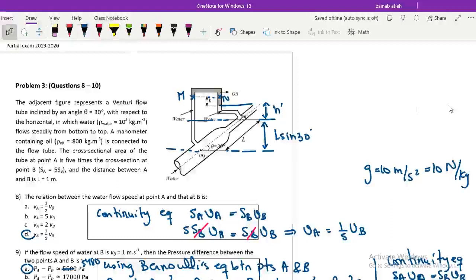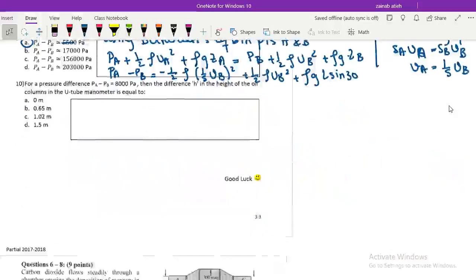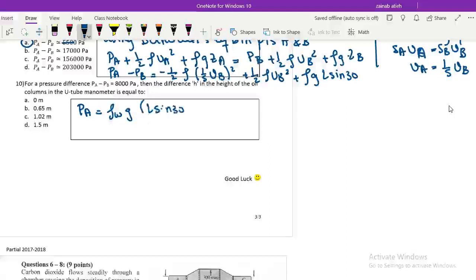So let me move down and write what I have said. I will write P of A equal to rho water G L sin 30 plus H prime plus H, plus PM.